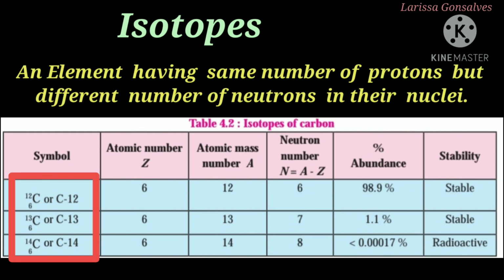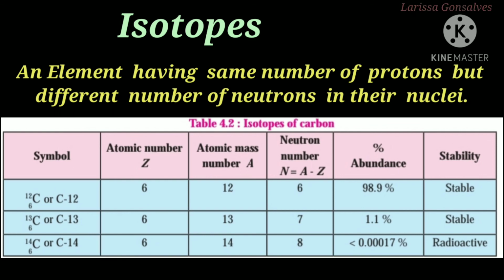So 6 is the atomic number, and you can see that it remains the same, but the atomic mass number, denoted by capital letter A, is 12, 13 and 14. So it is differing for all the nuclides. The symbols for these nuclides are also written as C12, C13 and C14.